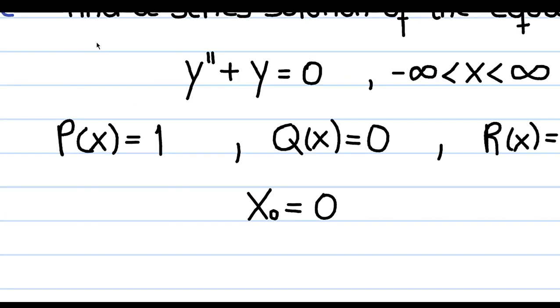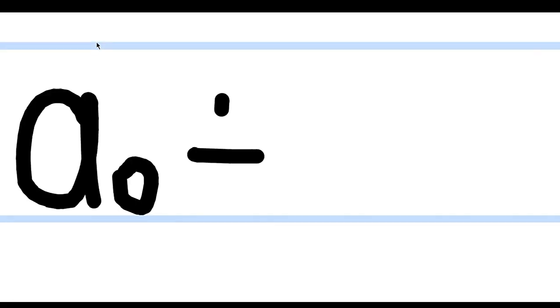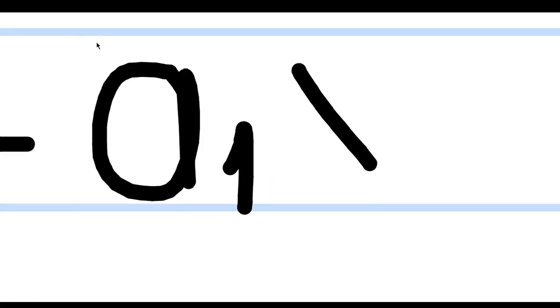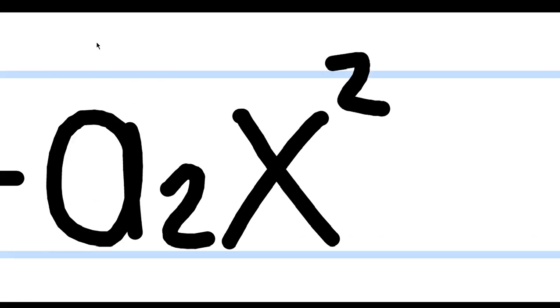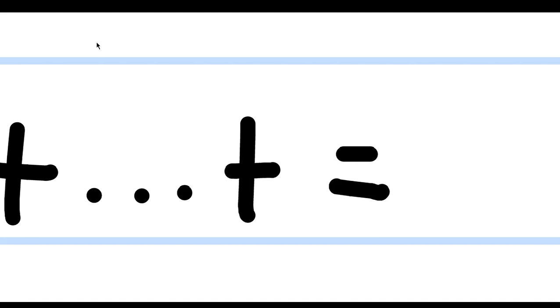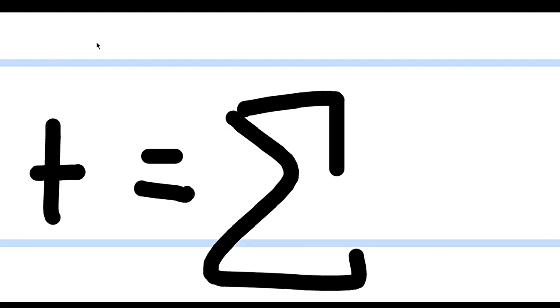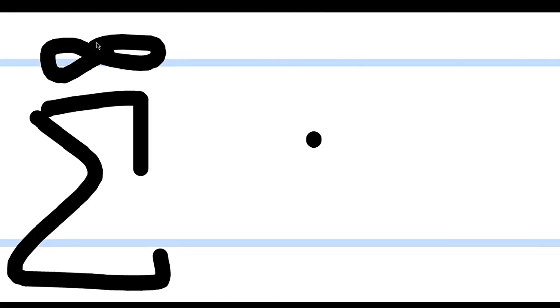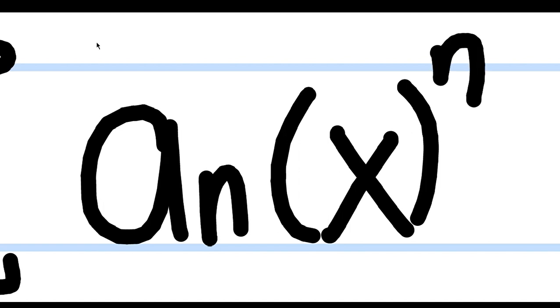We look for a solution of the form of a power series, which would be y is equal to a sub 0 plus a sub 1 x plus a sub 2 x squared plus and so on, and this is equal to a series which starts at n equal to 0 until infinity of a sub n x to the power of n.